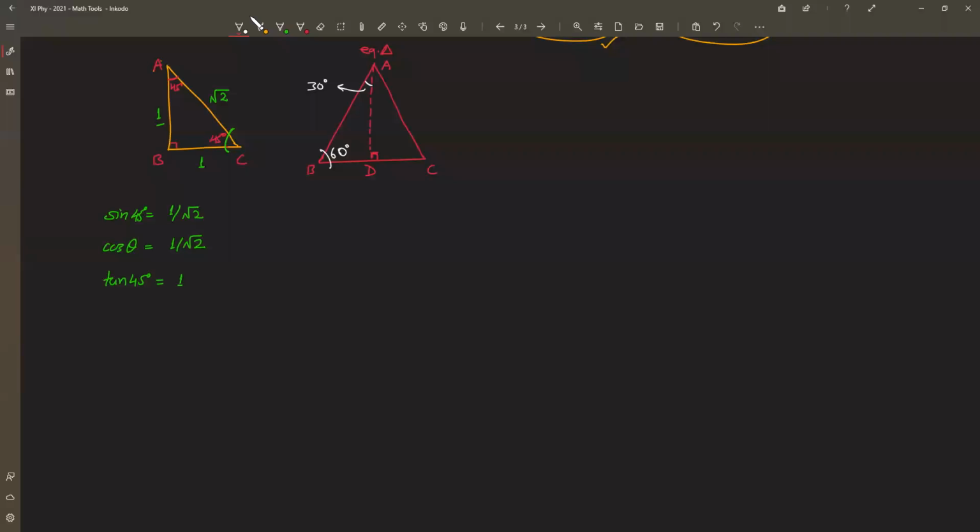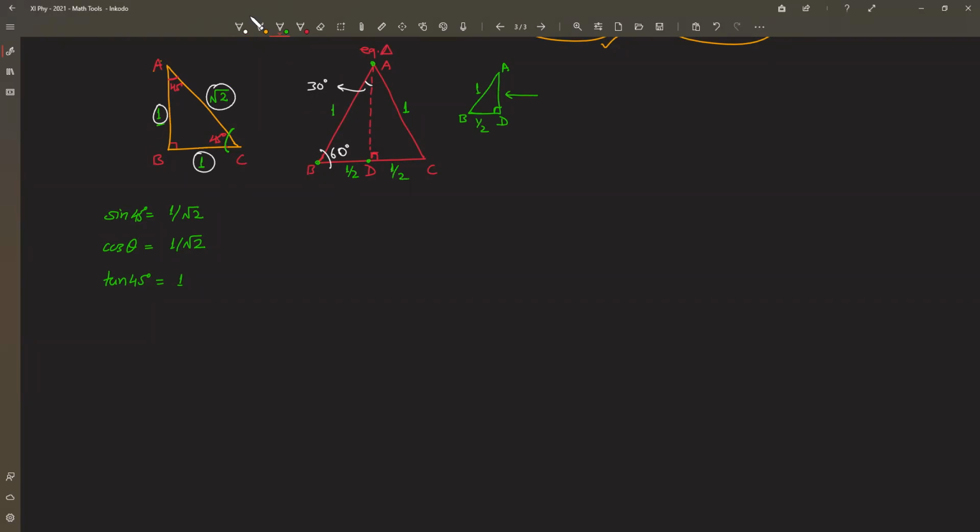And now you can find various ratios here. But as in the first example, where you found the different sides of the triangle, the same thing you'll have to do here as well. So let's take all the sides to be equal to 1 because it is an equilateral triangle. So BD and DC will be equal to half. And now you have a right angle triangle ABD in which one side is 1 and the second side is half.